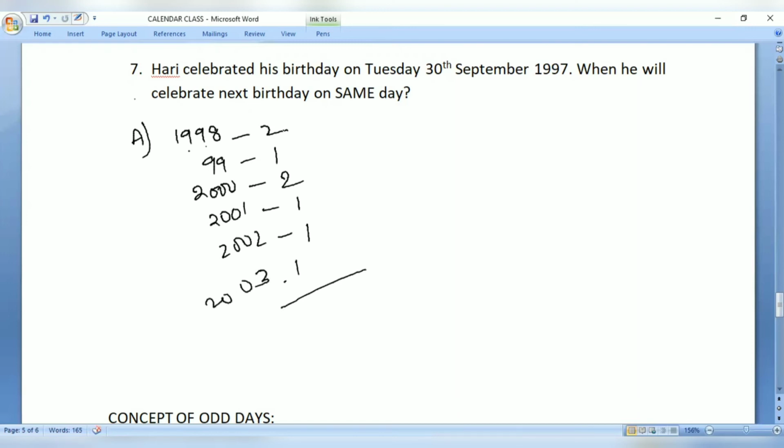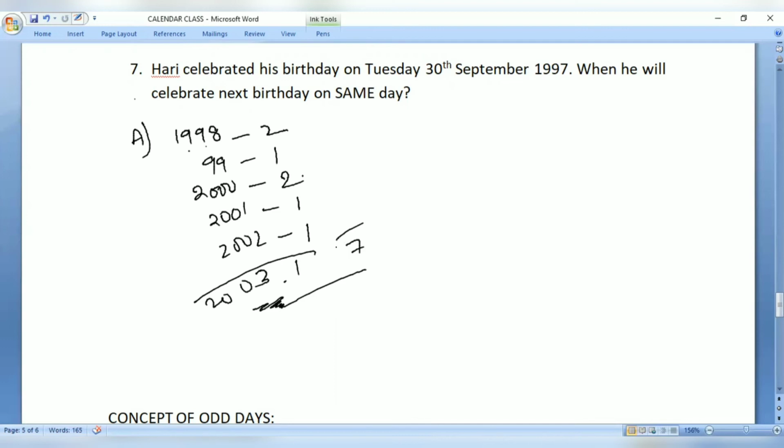So if you add them, it becomes 7. So 7 means in 2003, he will be celebrating his birthday again on Tuesday.